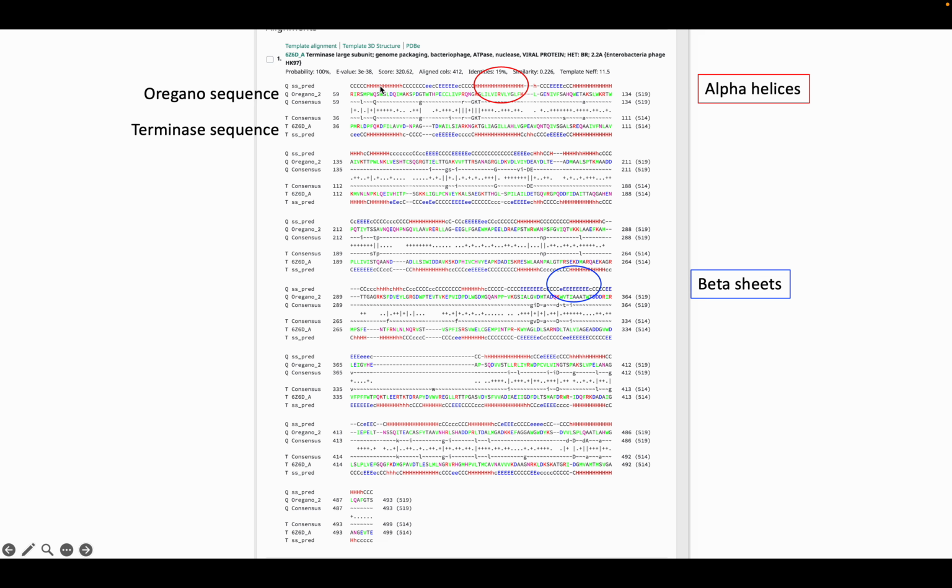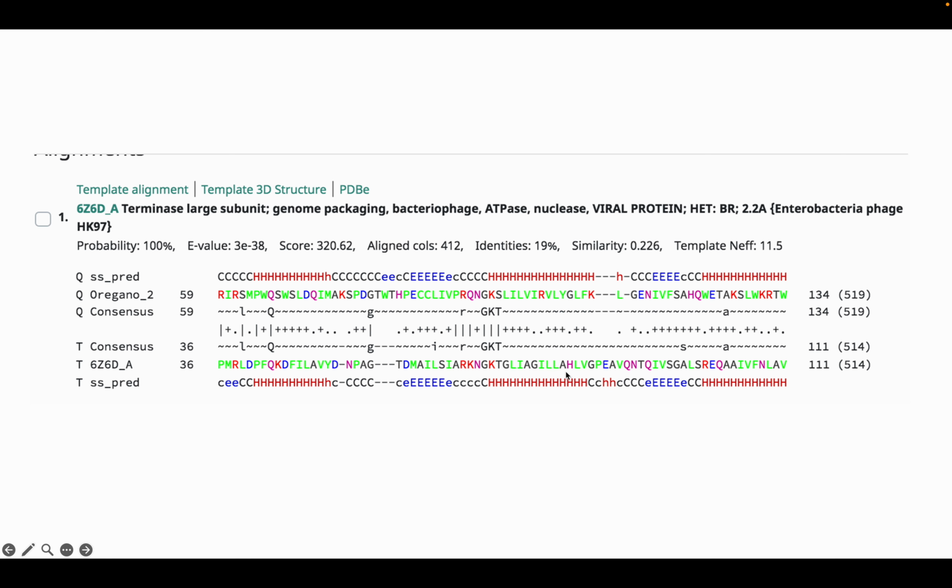And it also has an alpha helix followed by a coil, a beta sheet, a coil, and another alpha helix. And if we follow along all the different rows of this alignment, we see for the most part that they have the same secondary structure. Let's look at this even more closely.